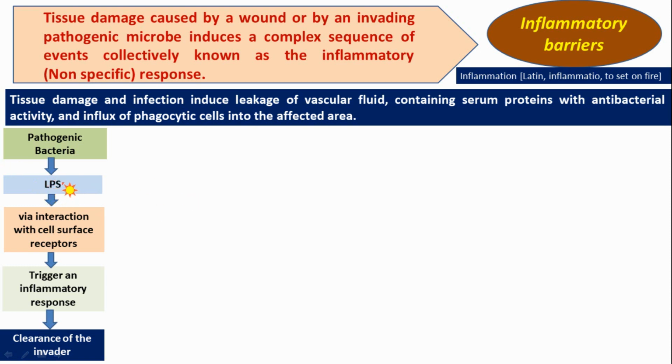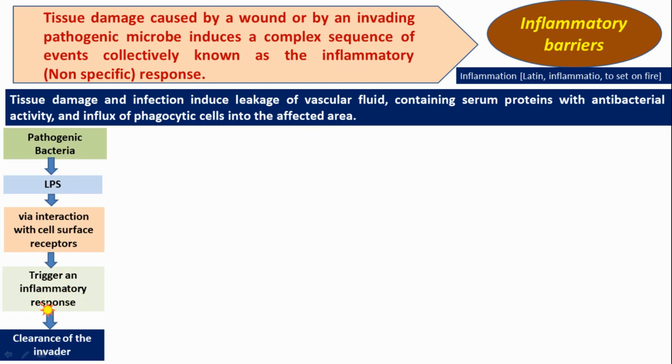These PAMPs, or LPS, will be recognized by certain cells via interaction with cell surface receptors called TLRs, which are present on the surface of phagocytic cells. These phagocytic cells, through their TLRs, recognize the PAMP present on the surface of this pathogenic bacterium, and this interaction triggers an inflammatory response.